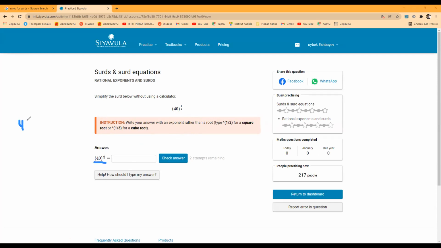Well, because 40 is what? It is 4 multiplied by 10. Yes, 4 multiplied by 10. 4 is the square of 2, which means you can take the square root of 4, but 10 remains under the root. Do you understand?